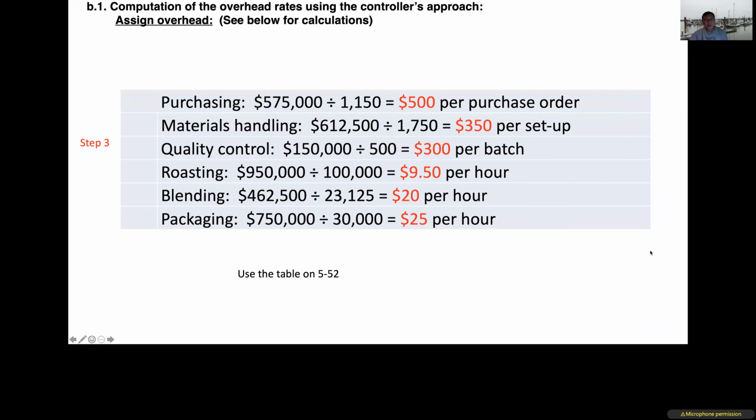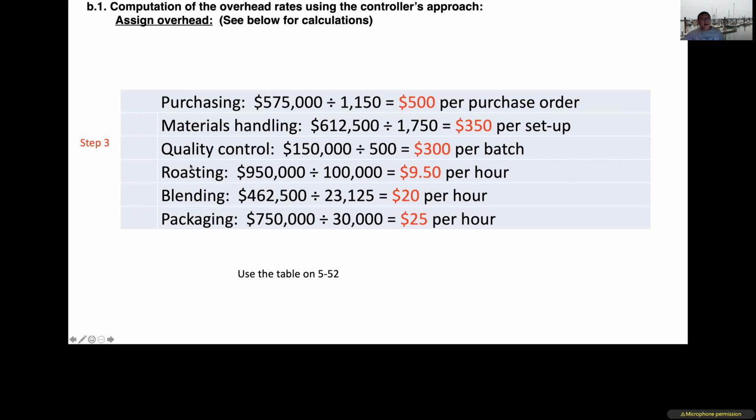So that's the first part. The second question, we need to compute the overhead rate. We are using the controller's approach, so this is step 3. There are different activity cost pools: purchasing, materials handling, quality control, roasting, blending, and packaging.